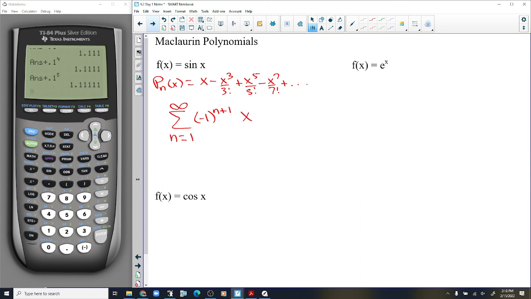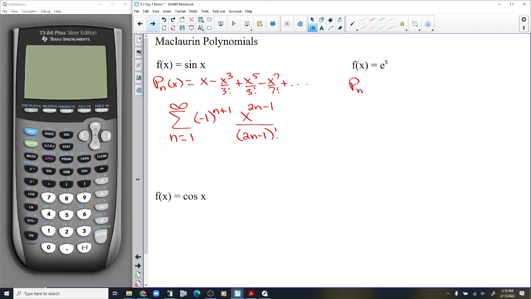Then x to the 2n, but if I plug 1 in, I get 2. I want that first one to be 1, so minus 1 over 2n minus 1 factorial. So there it is all summed up. That's a little ahead of the game. I'm not asking you to do that in the homework. It won't ask you to anyway.